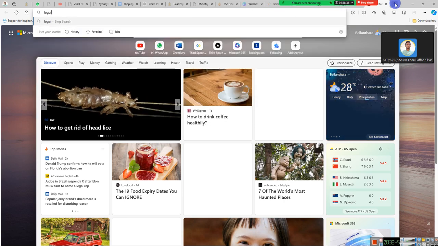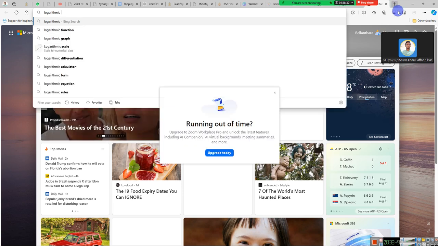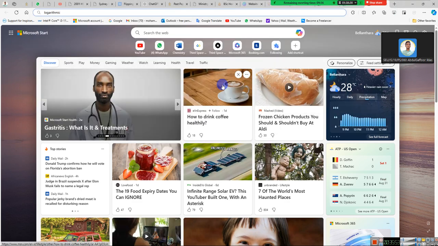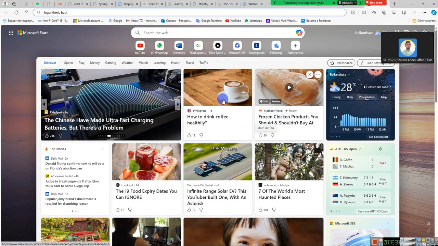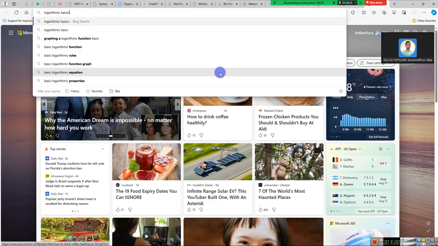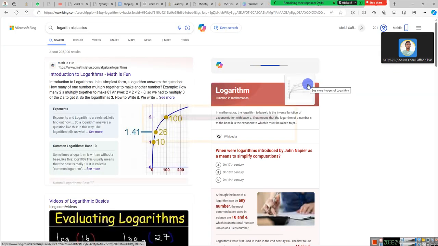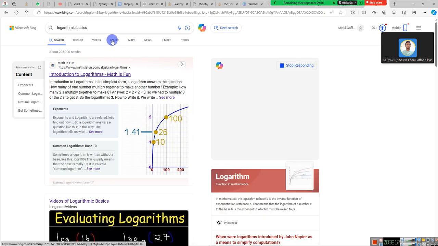How do we use it in chemistry? So under which chapter does log come?